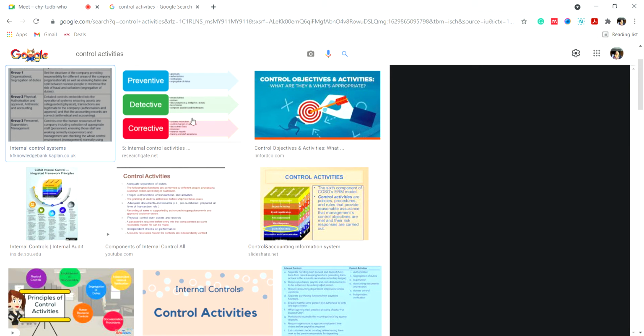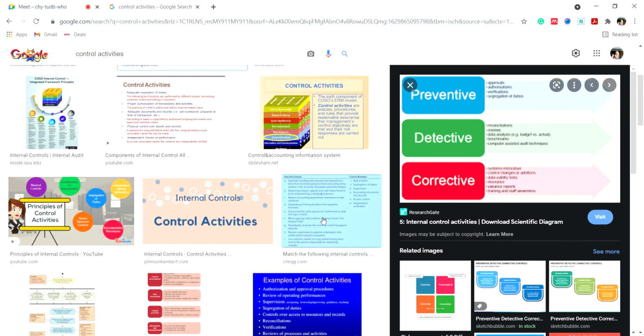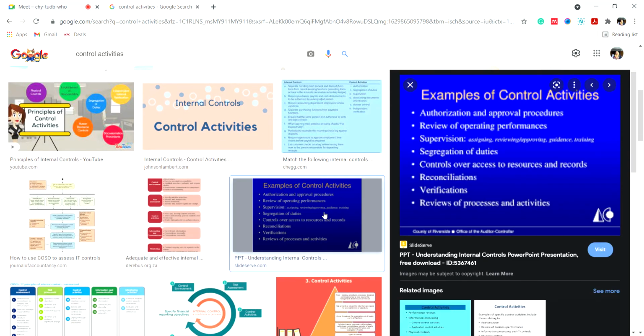Okay, so I want you to understand what test of control means. Test of control means you are going to test the effectiveness of the control. So use these four procedures. You inquire management, inquire whether they have prepared the reconciliation every month.